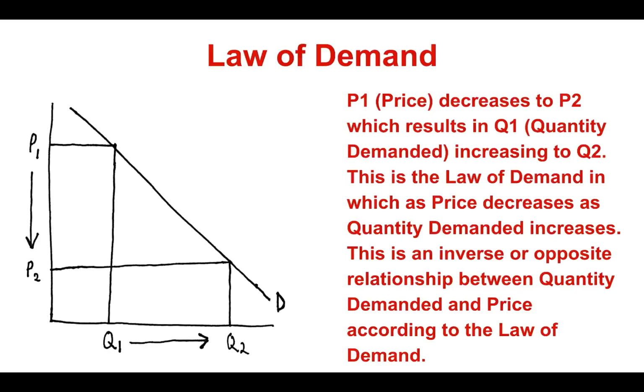P1, which is your price, in this diagram decreases to P2, which results in quantity 1, the quantity demanded, increasing to quantity 2. This is the law of demand in which the price decreases as the quantity demanded increases. This is an inverse or opposite relationship between quantity demanded and the price according to the law of demand.